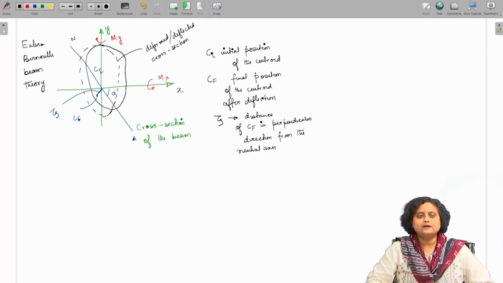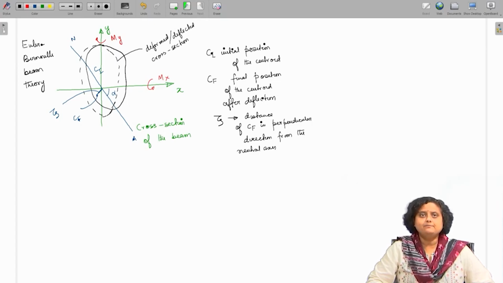In unidirectional bending, when the beam gets deflected, the centroid of the cross section gets deflected by a distance w. This w is also the perpendicular distance between the initial position of the centroid and the final position of the centroid, in a direction perpendicular to the neutral axis.